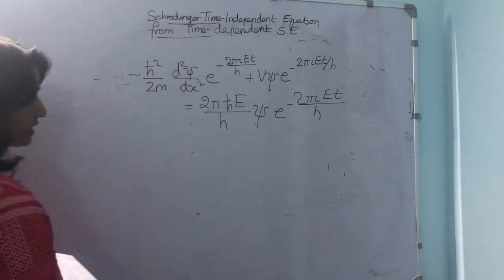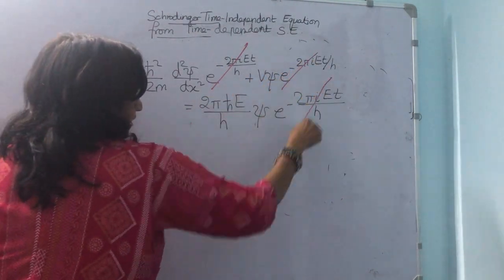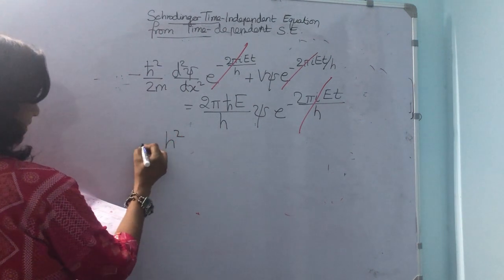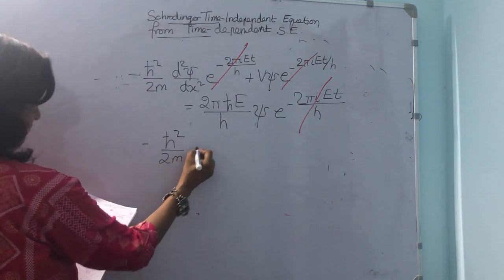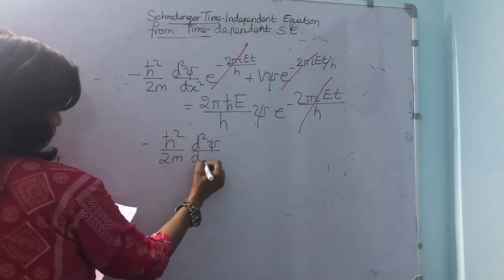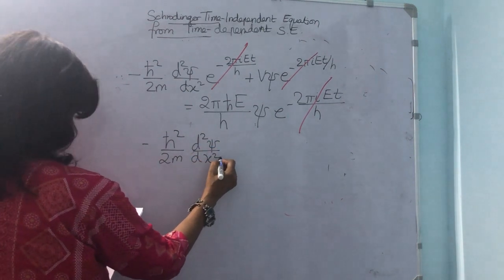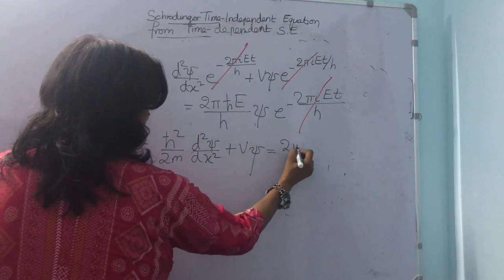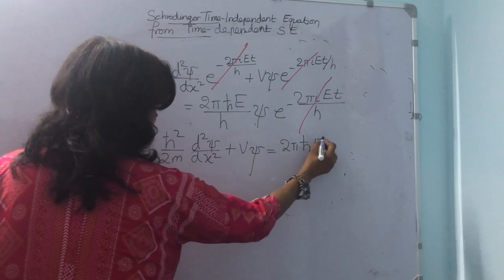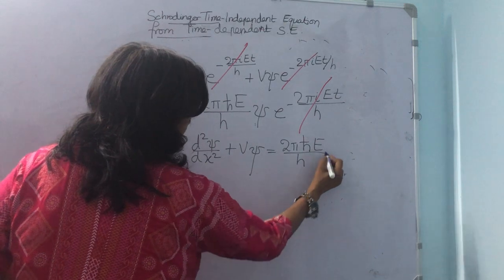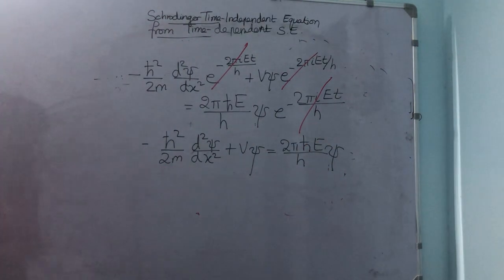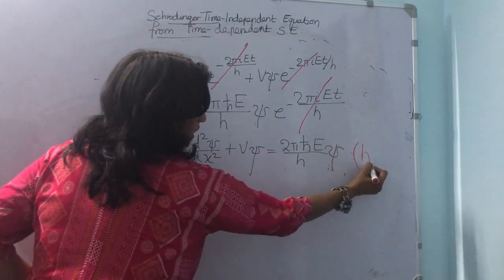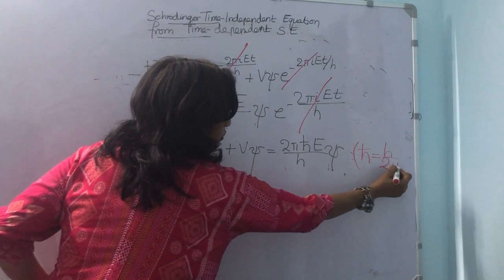Now it is very simple. This and this have got cancelled, and we are left with minus h bar square upon 2m d2 phi by dx2 plus V phi is equal to 2π h bar E upon h into phi, and h bar is h upon 2π.